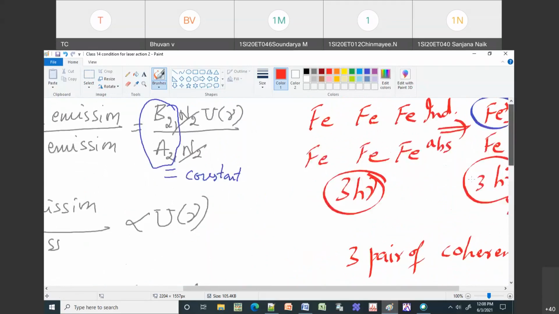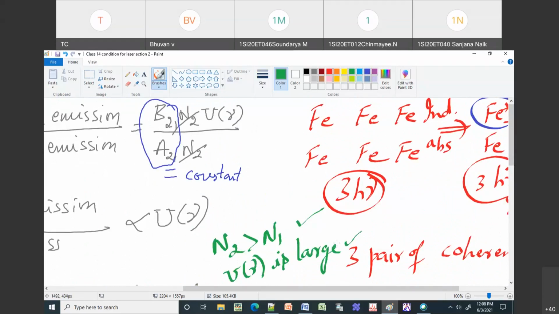So these are the 2 conditions for an efficient laser. The first condition is N2 greater than N1. The second condition is U of nu is large. Your energy density has to be very large. These are the 2 conditions you need for an efficient laser.